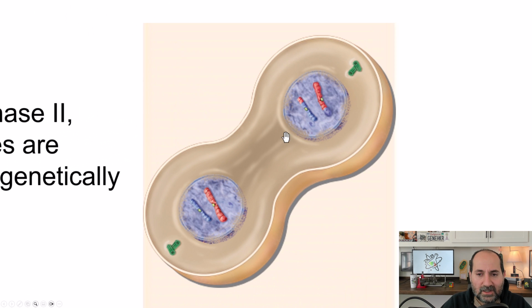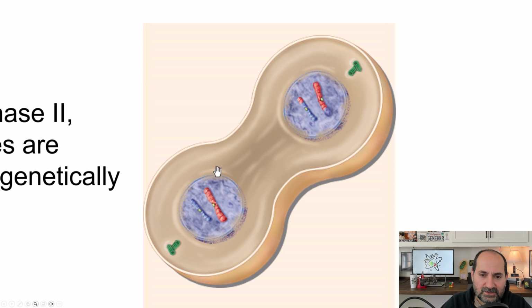Because look at this. Let me ask you this. Is this cell identical to this cell? Take a close look. No, because look, this mom's chromosome 1 has a part of the paternal homologue. It has a part of dad's information on it, whereas this mom's chromosome 1 is just mom's chromosome 1. Does that make sense?